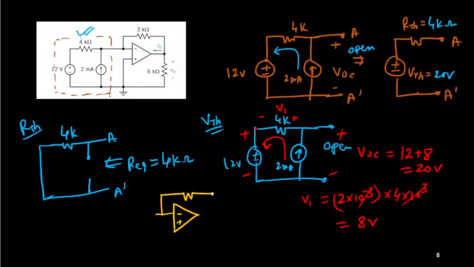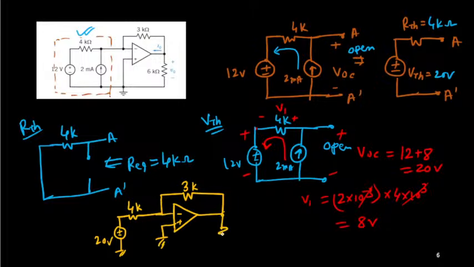This is your inverting amplifier, 3K, and we have replaced it with one resistance and one voltage source. This voltage source is 20 volt, this resistance is 4K. This end is grounded. So it's simply an inverting type amplifier.